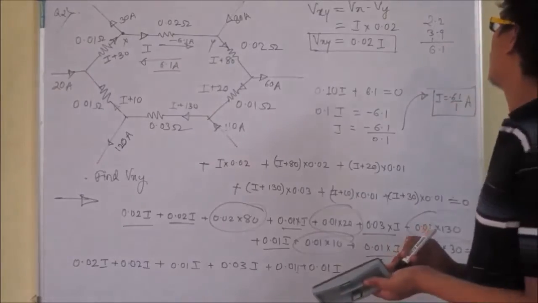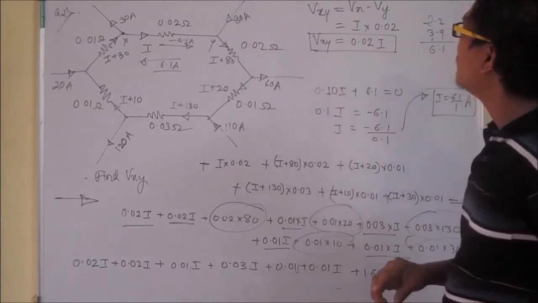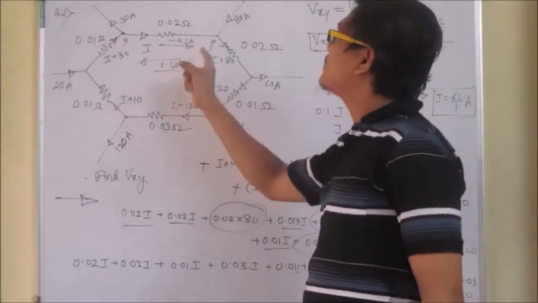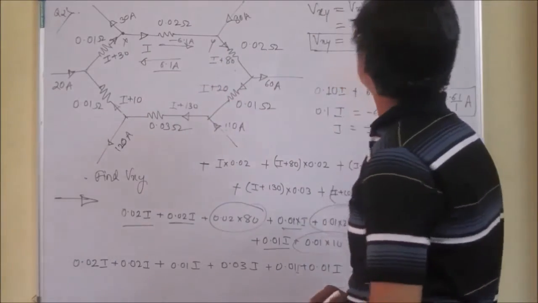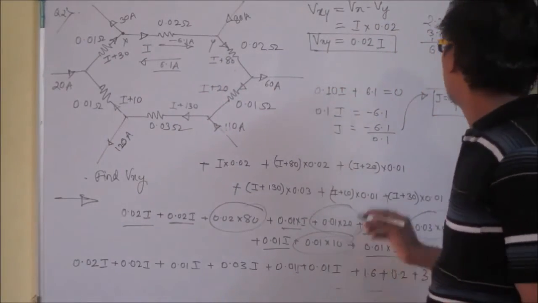That's it. It means that current is going from here to here, that is, Y is greater than X. Alright. So, what is my I?